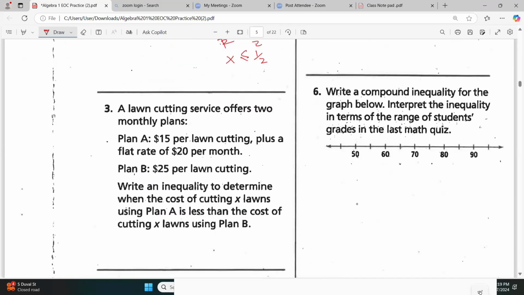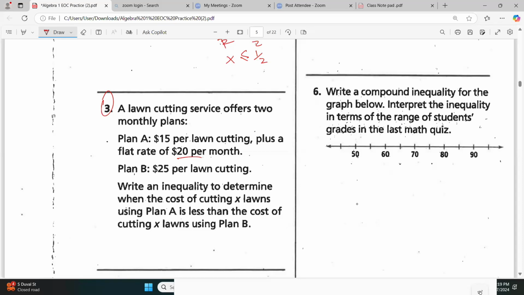This question is number 3. It says here a lawn cutting service offers 2 monthly plans. Plan A is $15 per lawn cutting plus a flat rate of $20 per month. Plan B is $25 per lawn cutting.